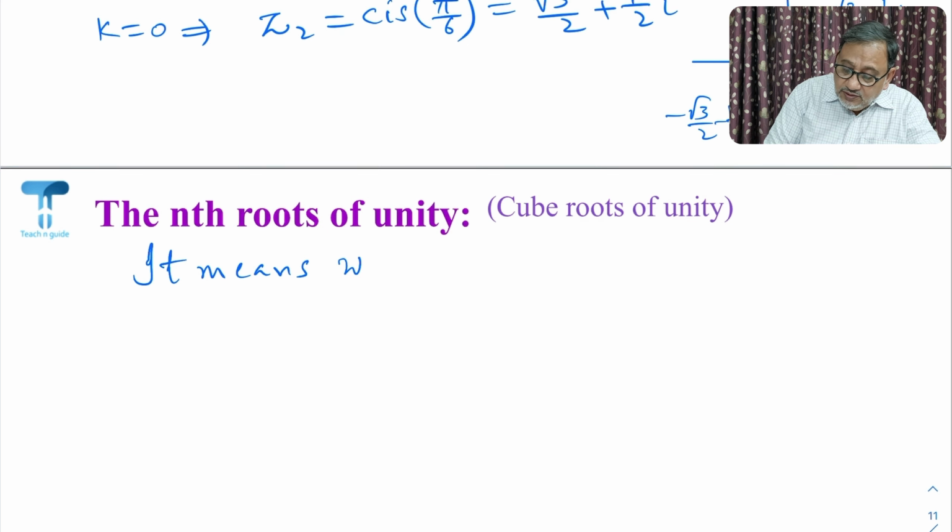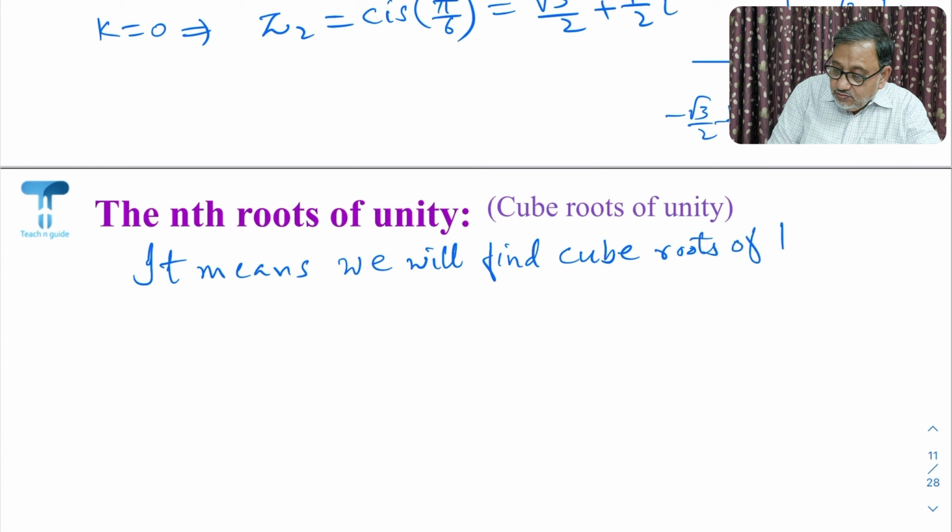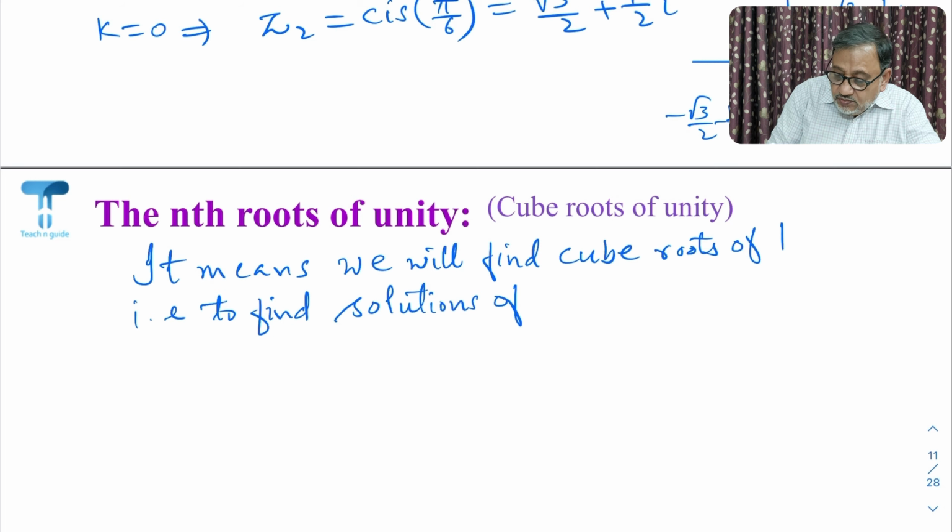So it means we will find cube roots of 1. That is, to find cube root of 1 means we want to find solutions of z cube is equal to 1.